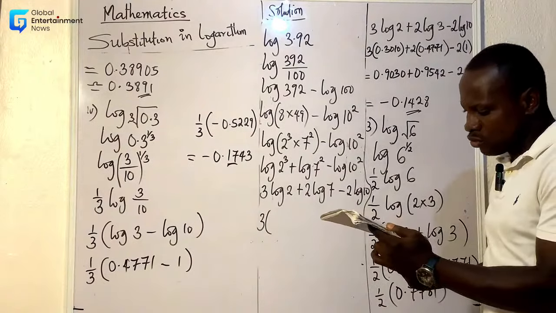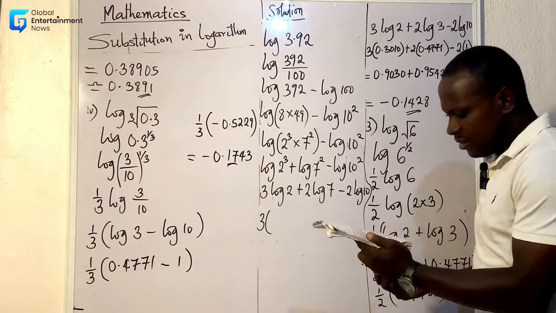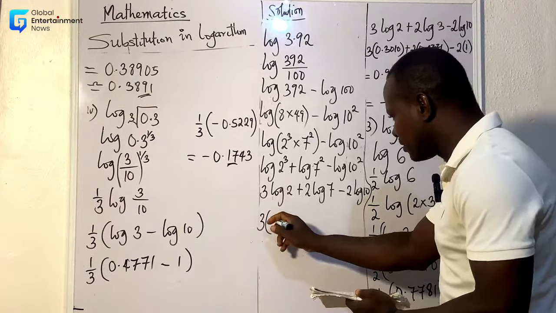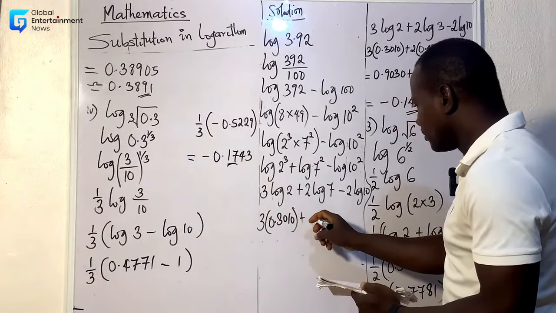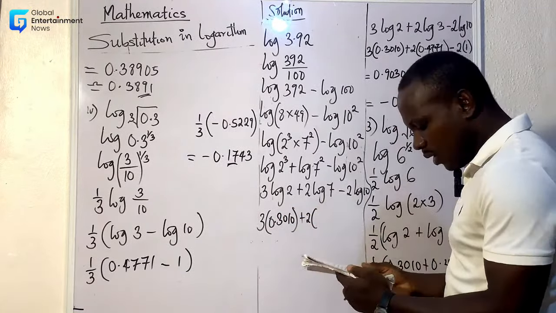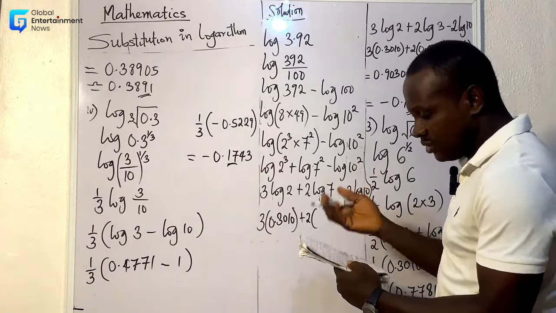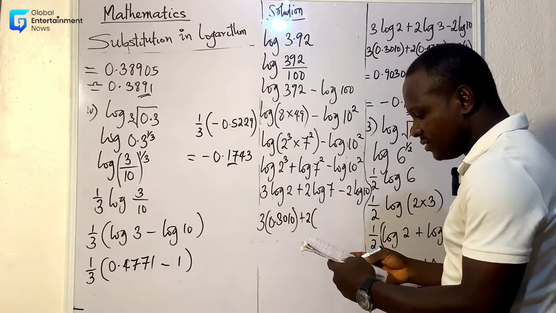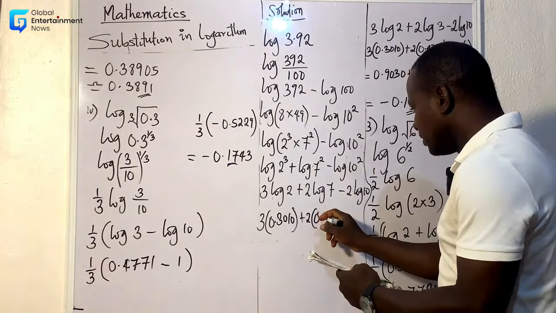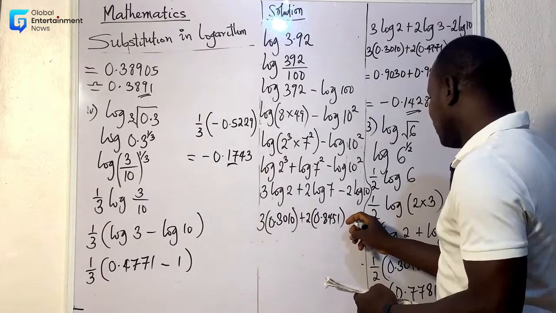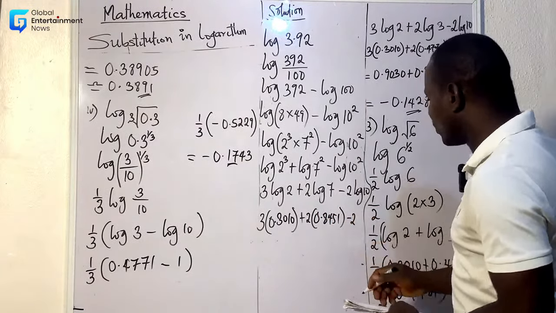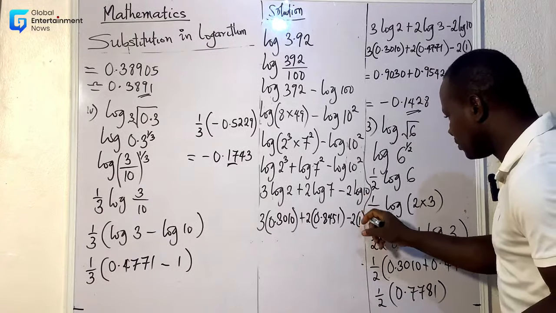What is my log 2? My log 2 is 0.3010. Then plus 2 bracket. What is log 7? According to what we are given, log 7 is 0.8451. Then minus 2. What is log 10? It is 1.